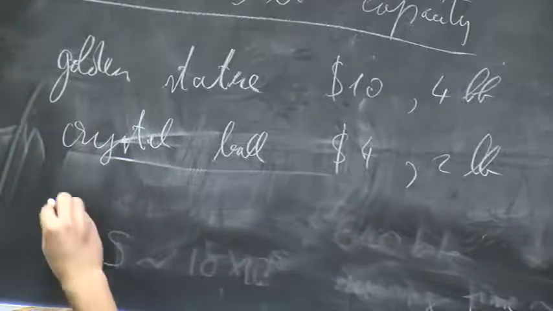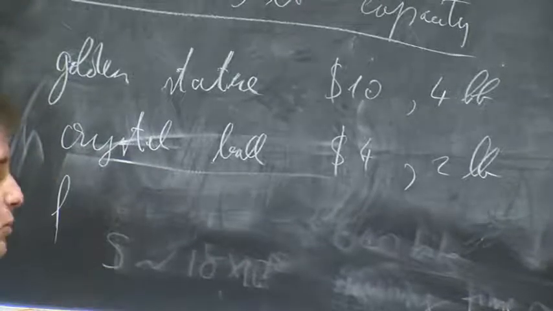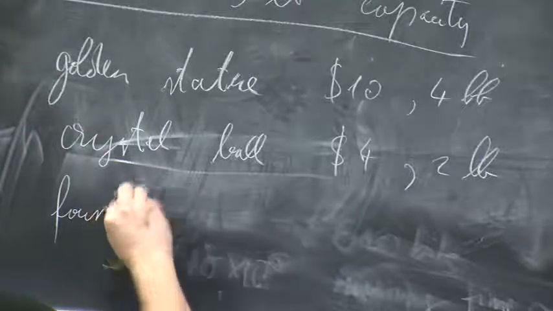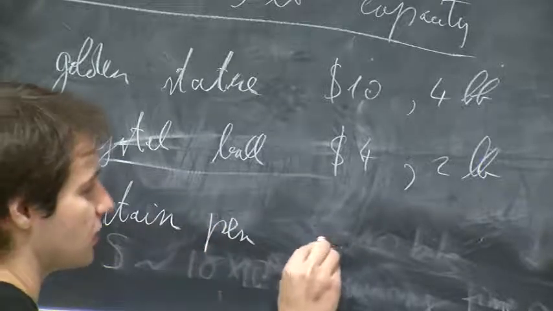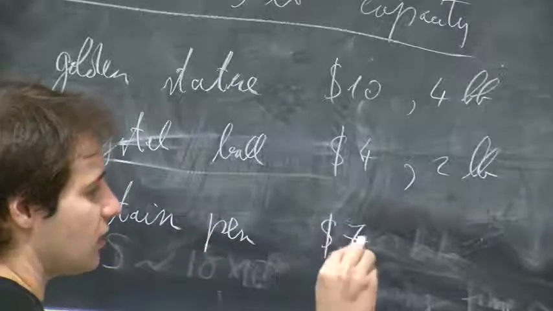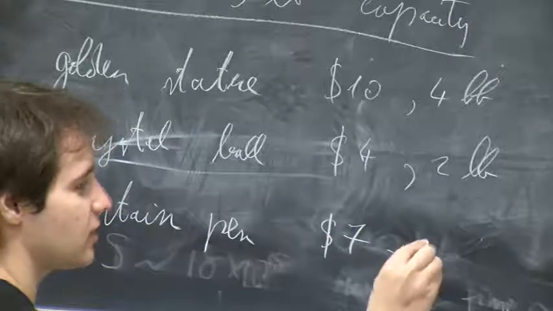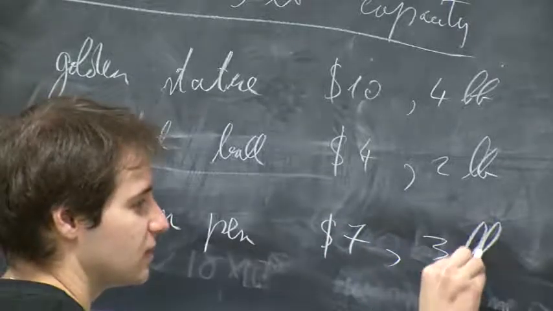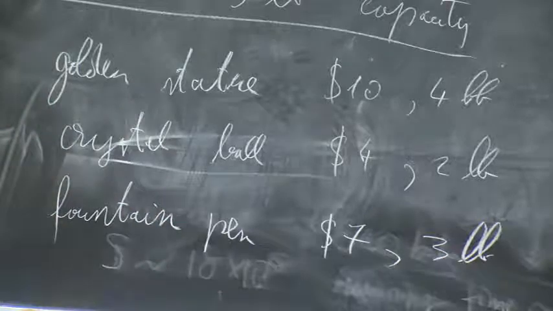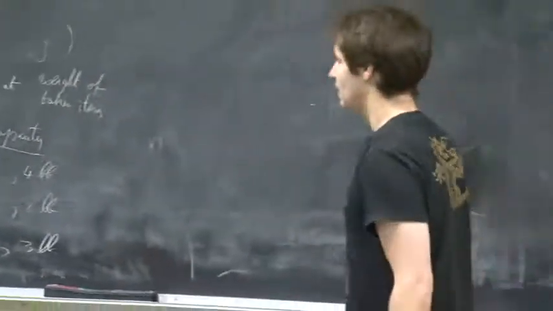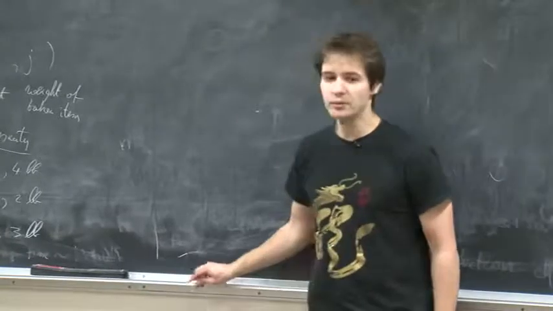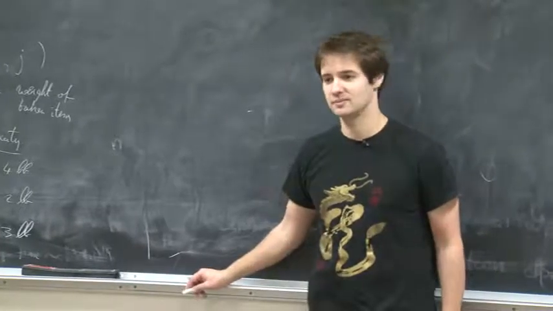And someone in the previous section wanted a fountain pen, so we're going to use a fountain pen. That's worth $7. Culture is worth a lot of money, right? And weighs 3 pounds. Really ancient fountain pen. I don't know how people wrote with it. Oh well. So how do we draw the graph for this?